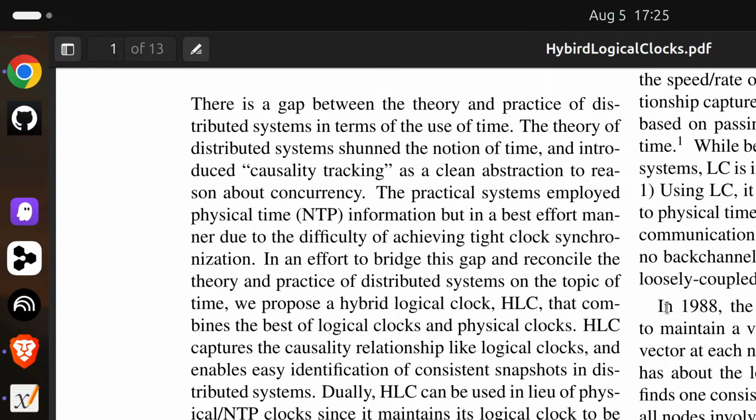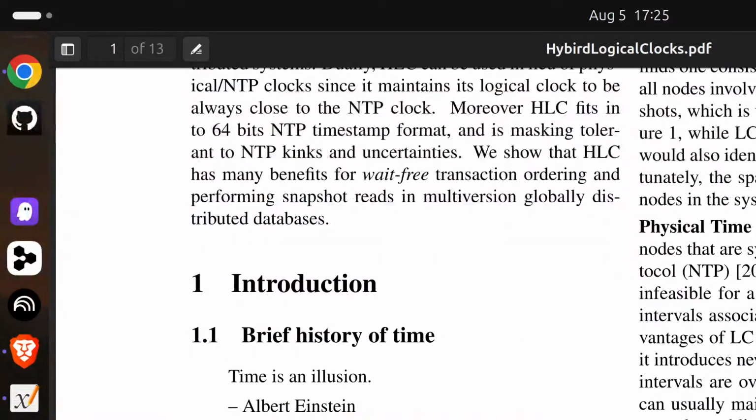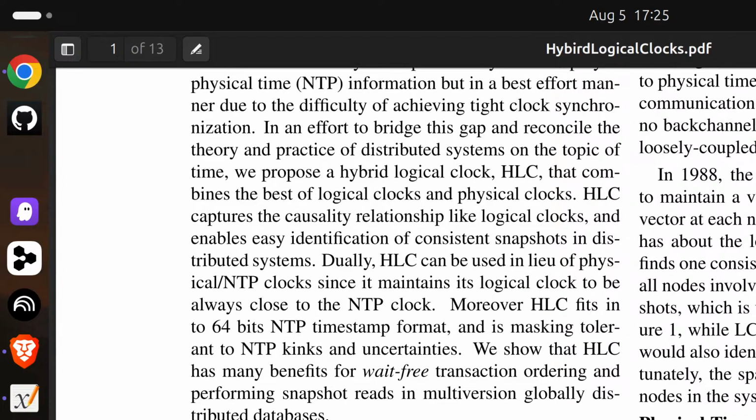The logical clock was introduced in 1978, and ten years later, in 1988, the vector clock (VC) was proposed to maintain a vectorized version of LC.